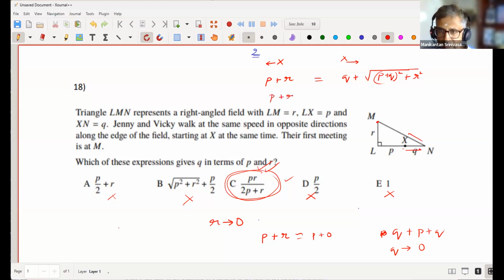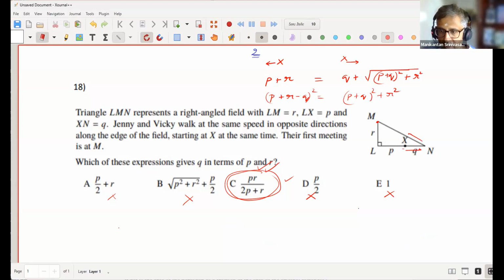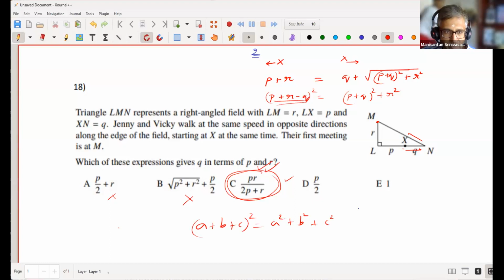So P plus R minus Q, let's get everything to one side and then square it, should be equal to this square, which is P plus Q whole square plus R square. And then from this, you should be able to simplify. Let's do that. So that you guys know, A plus B plus C whole square will have A square plus B square plus C square, just similar to A plus B whole square, which has A square plus B square plus 2AB.